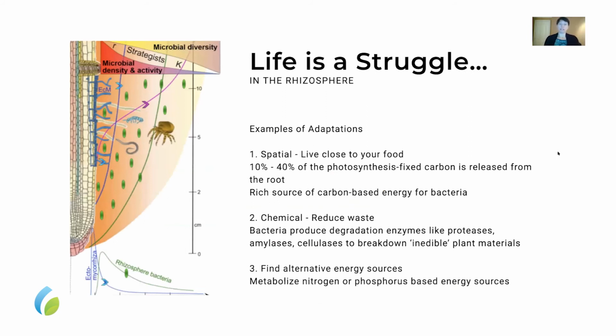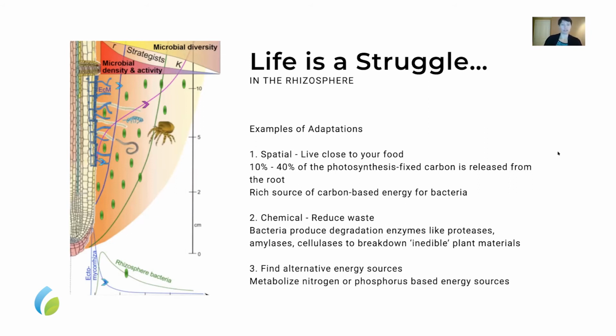So when we apply this thought to the rhizosphere, life is still a struggle in the rhizosphere. And the examples of the adaptations that we expected, or have come to understand bacteria have developed, include spatial. So living close to your food. So when we said the rhizosphere is about a 3 millimeter maximum zone, why is that? Well, the primary reason for that is because they want an energy source.